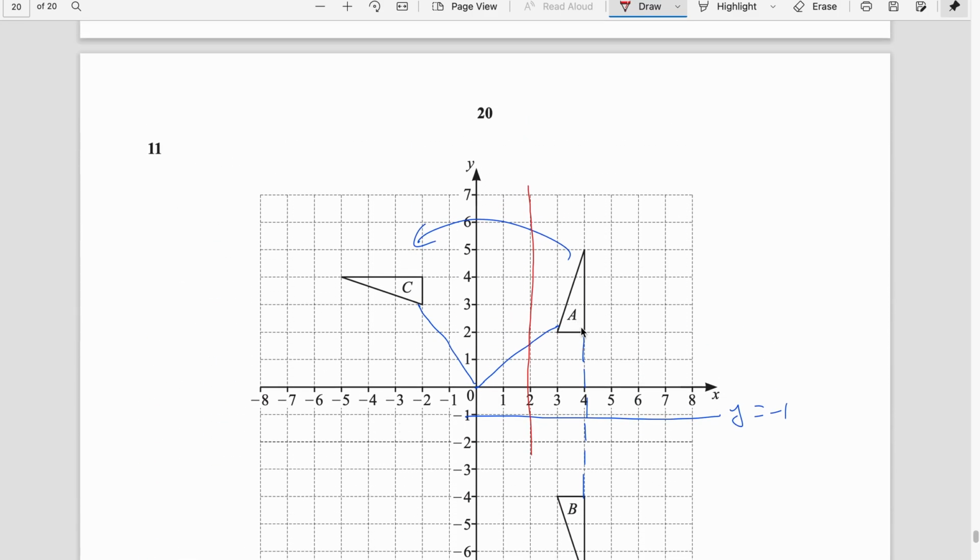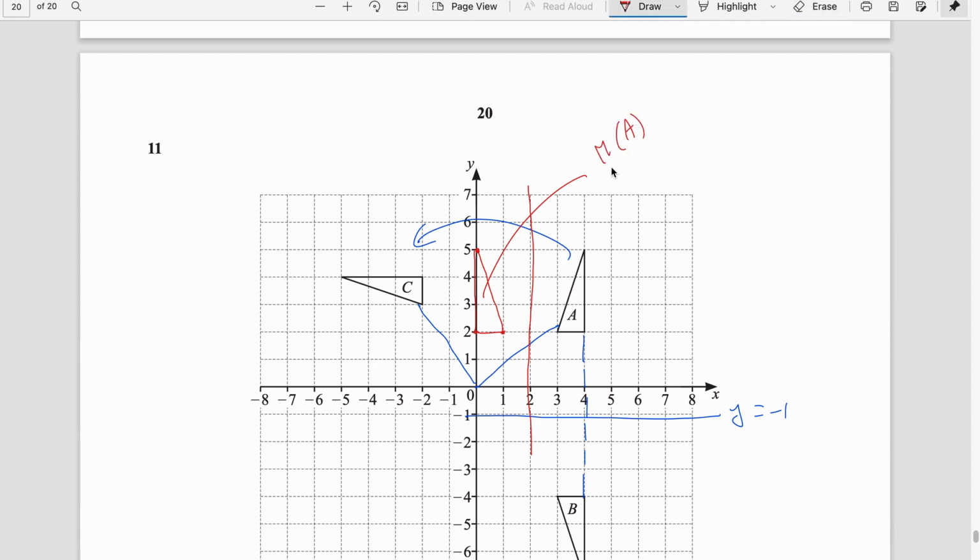So if I reflect triangle A in this line, this is 2 units away. This point appears here. This is 1 unit away from the line of reflection. It appears here, again 2 units. So the first transformation is the reflection in line x is equal to 2 for A, and I'm calling it MA.